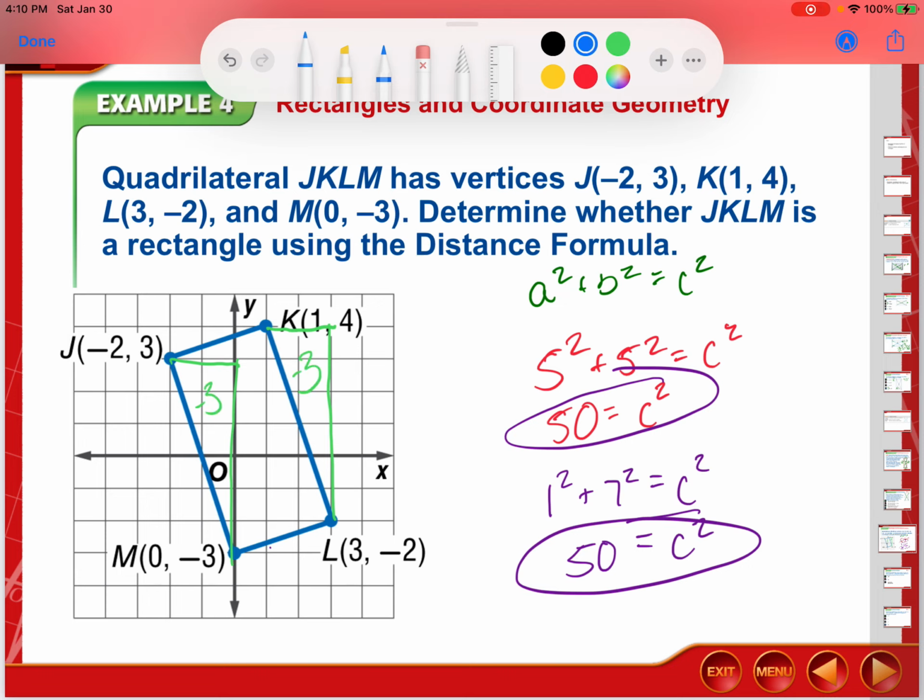And then I would check the bottom and the top as well, which I'm going to go right 3, up 1, which would mean my slope is 1/3. And I would go right 3 and up 1 up here, which would also be 1/3, meaning that we have 2 opposite lines with the same slope, making them parallel. So I have 2 sets of opposite parallel sides with diagonals that are congruent.